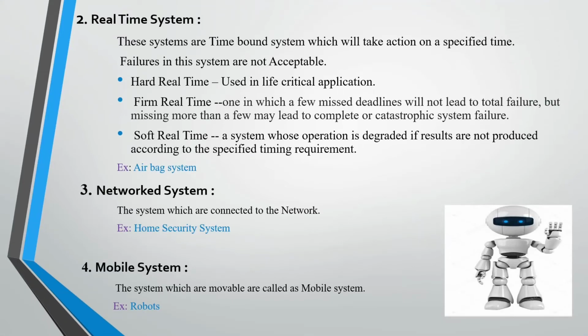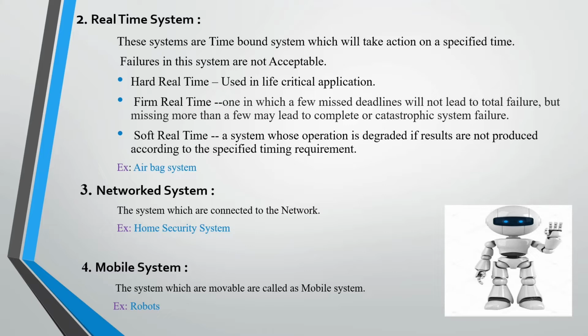And real-time system. These systems are time-bound systems which will take action at a specified time. Failures in the systems are not acceptable. These are subdivided into hard real-time system, firm real-time system, and soft real-time system. Hard real-time systems are used in life-critical applications like hospitals. Firm real-time system is an embedded system.